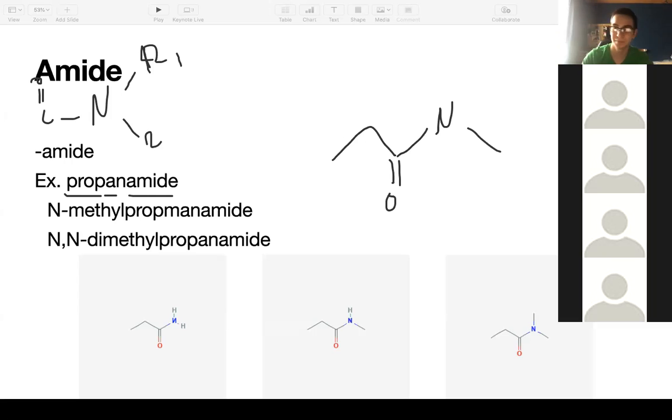Options, more, annotate, no, text, shape. We're just looking for annotate. No, that's not it. Okay, I think I see it.